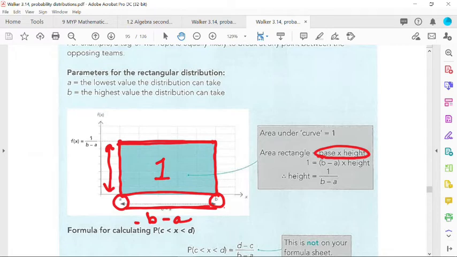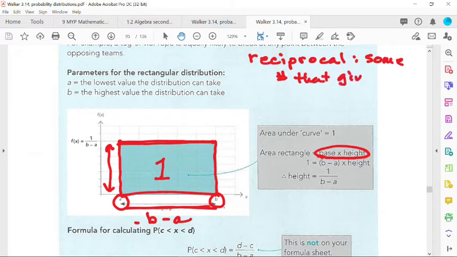Yeah? And we're going to be multiplying two numbers together to get 1, so we need the reciprocal. Do you remember that term? If you don't, worry about it. They're not going to ask you for that word. But reciprocal just means some number that gives a product of 1.